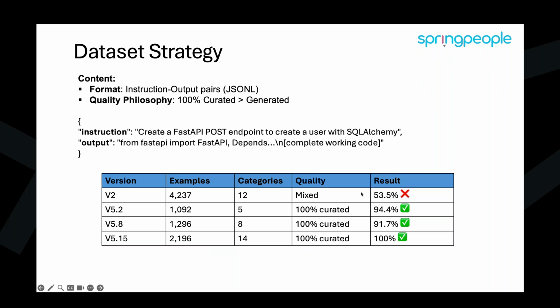While those went through many iterations, you see that at a certain point, somewhere between version 5.2 and 5.8, I seem to have got the right mix in place. And eventually, after maybe another 7 or 8 iterations, with around 2000-odd examples, I used the word categories.